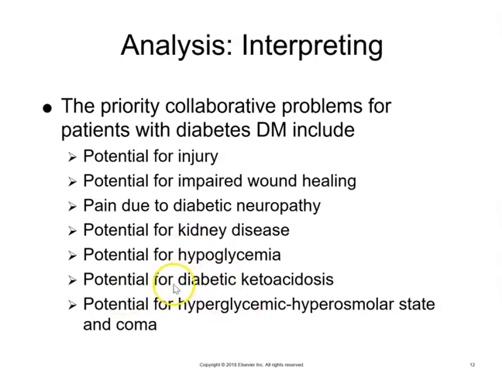There is a potential for diabetic ketoacidosis, or DKA, and that is characterized by uncontrolled hyperglycemia, and that's a blood sugar of greater than 300. And if you remember when we were discussing metabolic acidosis, we have an increased production of ketones, and that can cause that fruity acetone breath.